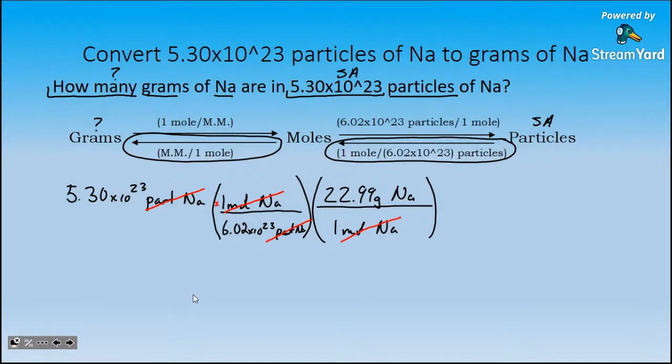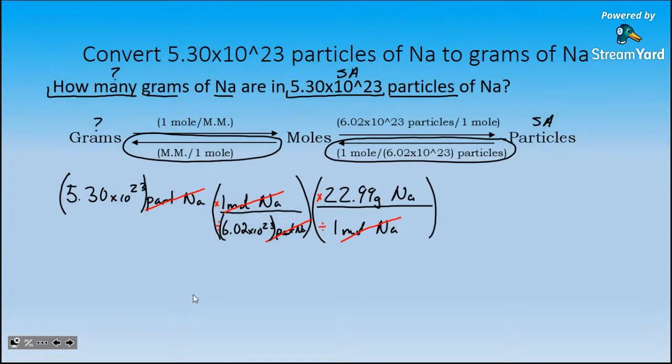Then I would do the math. Again, always multiply by your numerator, divide by your denominator, and also either use parentheses around these values that are in scientific notation or use the exponent key.